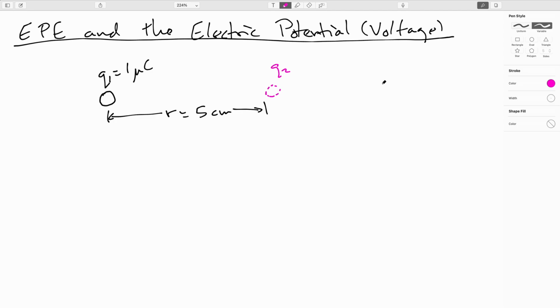What I would like you to get for me is the value of the electric potential energy for this system for the choices of charge Q2 of plus 1 microcoulomb, minus 5 microcoulombs, plus 20 microcoulombs, and minus 8 microcoulombs.